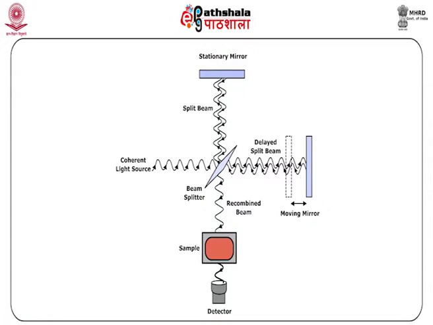Polar bonds present in organic compounds have a natural vibrational frequency that is similar to the frequency of infrared radiation. When both these frequencies match, the amplitude of the vibration increases and the infrared radiation gets absorbed.